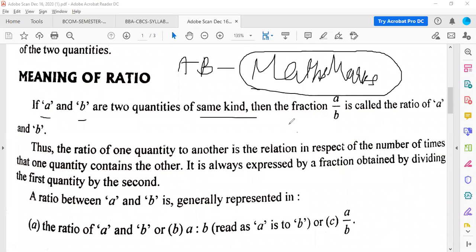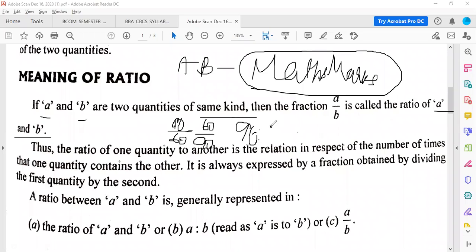Then the fraction A by B, as we divided 90 by 60 or 60 by 90, is called the ratio of A and B. When you represent it like this, it is called the ratio of A and B, which is nothing but 90 is to 60.